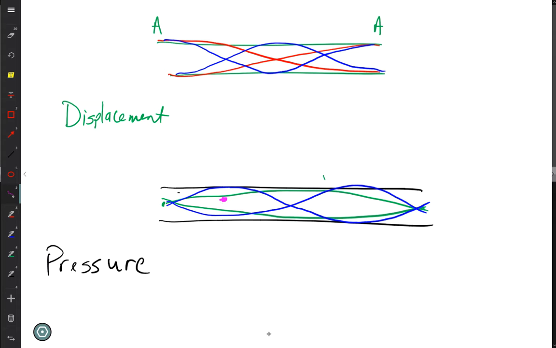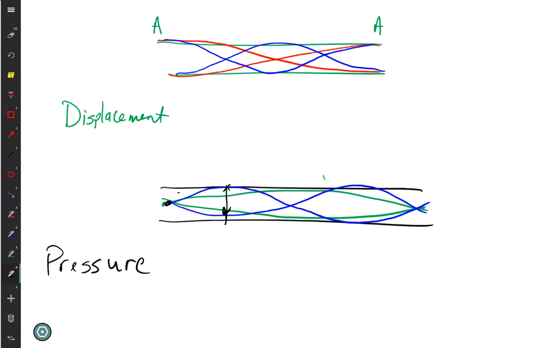No. So it's not staying up here at the top and it's not staying down here at the bottom. Instead, the pressure at that point is ranging between. So sometimes the pressure will be a maximum, sometimes it'll be a minimum, sometimes it will be zero because it's going all through the range. Whereas if I come out here, the pressure is staying constant.